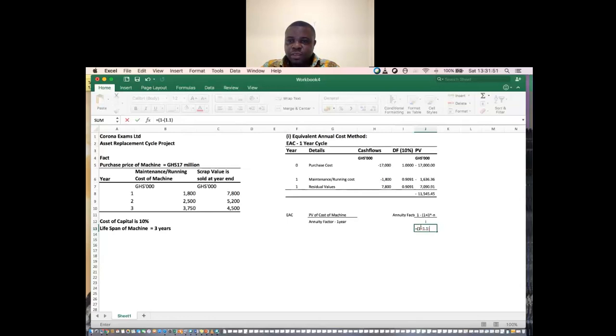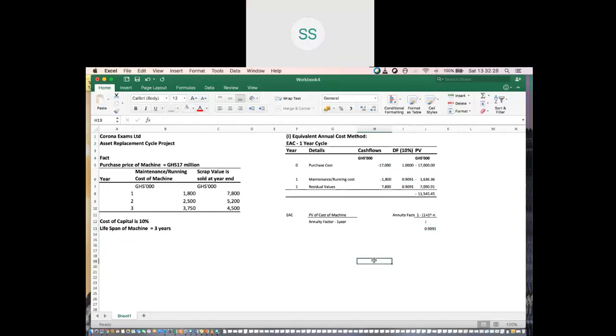So you divide it by 0.1. So you get the same as this figure here. So you get 4 decimal places. So this is the annuity factor.